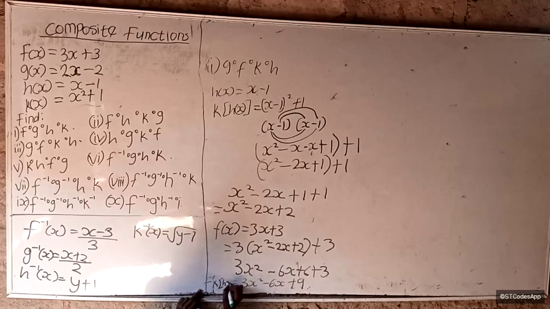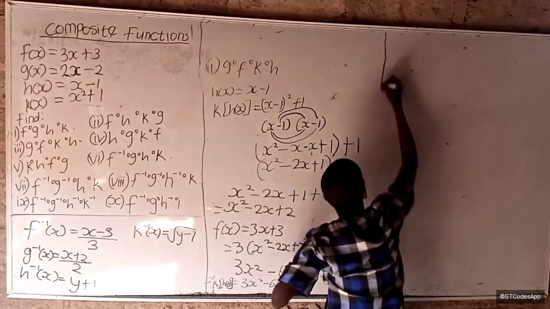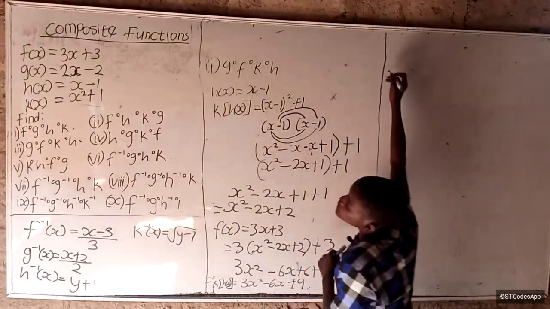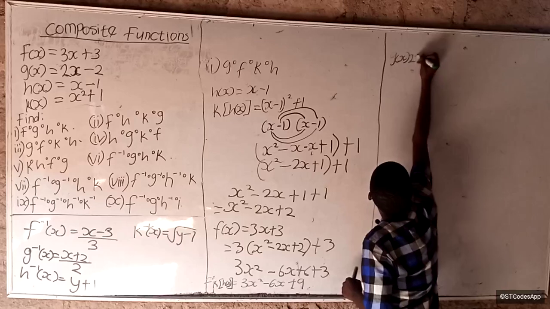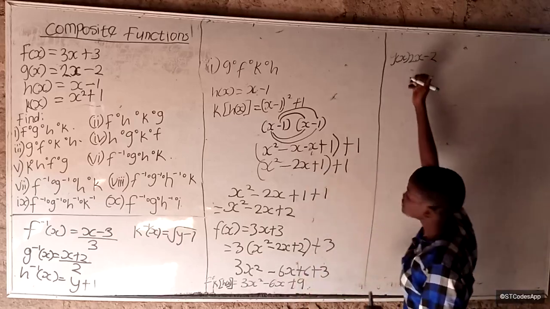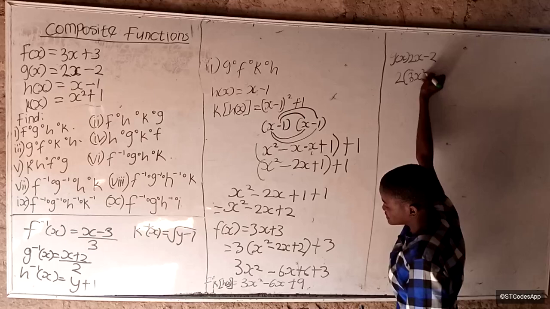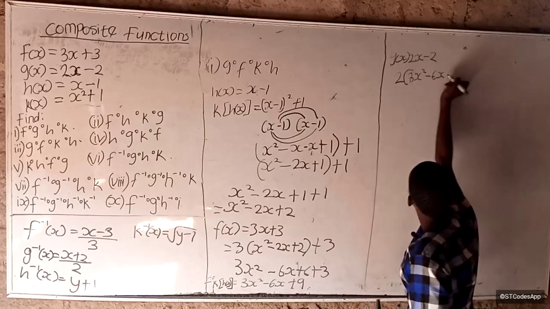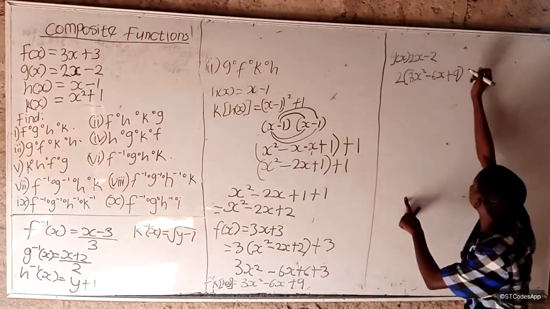So we are going to plug this value into g of x, with g of x being 2x minus 2. So we have 2 into bracket 3x squared minus 6x plus 9 close bracket minus the 2 here.